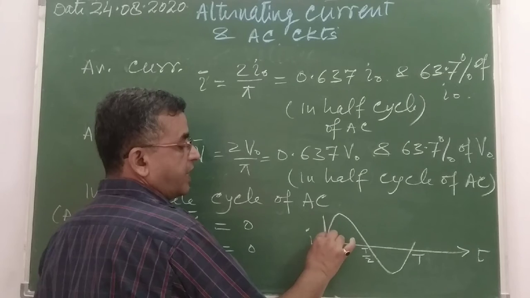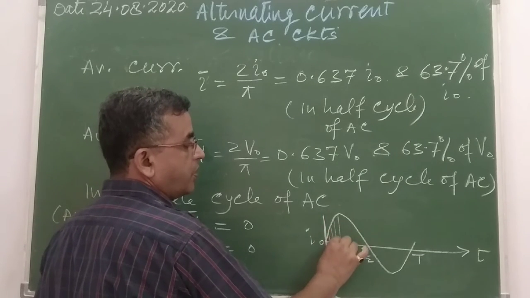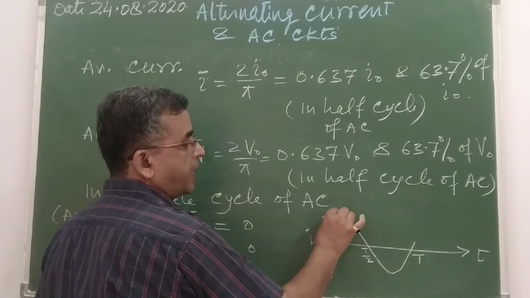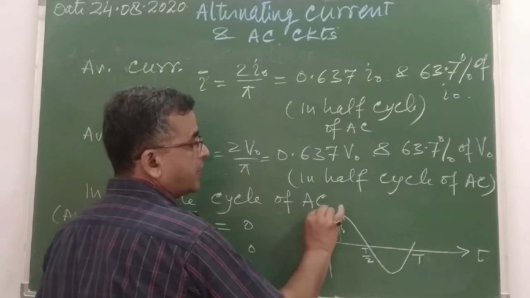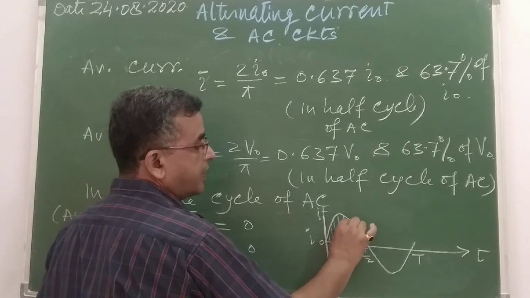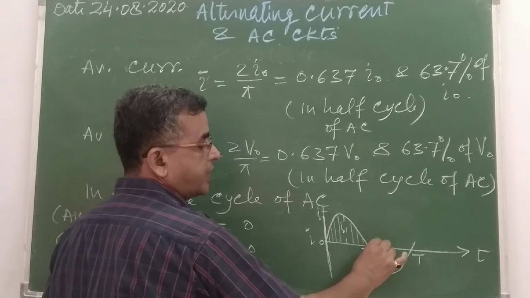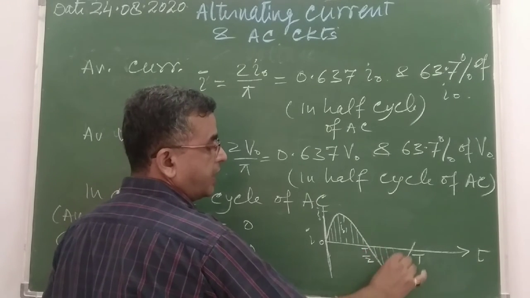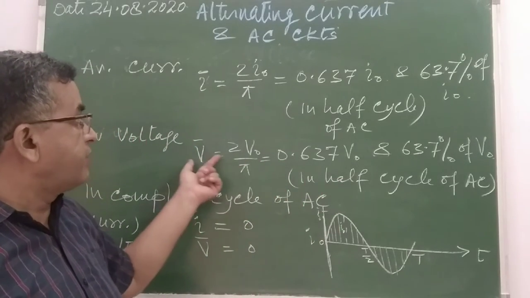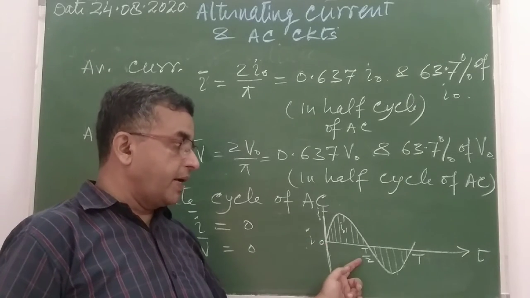In the half cycle, the value of current starts from 0 and increases to the maximum, that is I naught, the current amplitude. Then it decreases to 0. Similarly, in the opposite direction, the remaining half cycle. So in the half cycle we can calculate the average value of current and voltage in a similar manner.